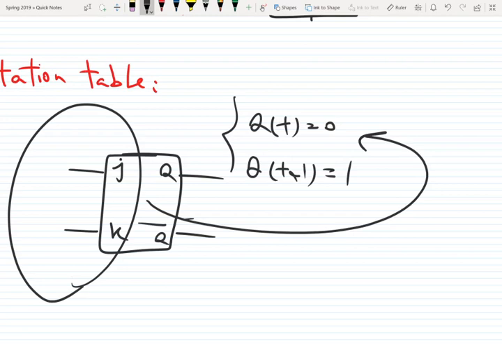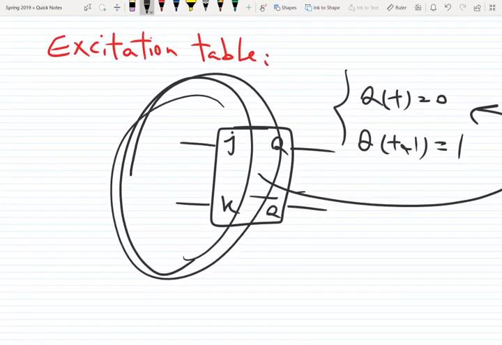In the characteristic table of a flip-flop, we had the inputs and we determined the outputs. But in the excitation table, we have the outputs and we want to find the inputs required for those outputs. Exactly the opposite of the characteristic table of a flip-flop. Is it clear?